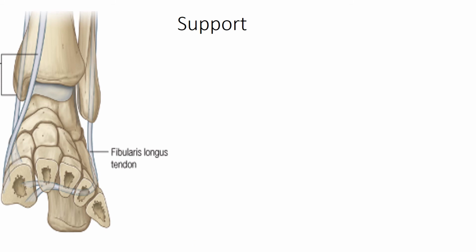So this shows the support from the oblique passage of the tendon of the fibularis longus as it passes from the groove beneath the cuboid to the medial cuneiform and the base of the adjacent portion of the first metatarsal. Now this oblique passage, running transversely, supports this transverse arch.